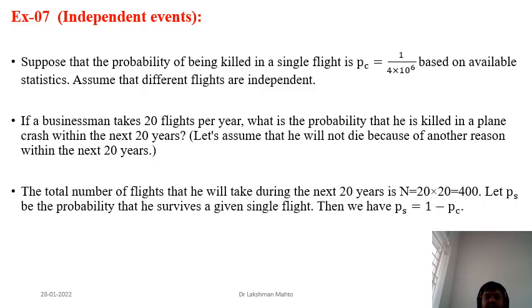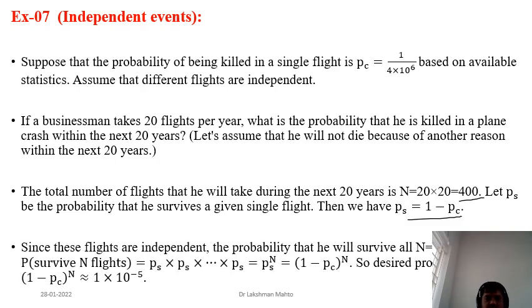The total number of flights that he will take during the next 20 years is how many? 20 times 20. That means 400 flights he will take in the next 20 years. Let us assume PS is the probability that he survives a given single flight. That's why PS would be 1 minus the probability of being killed, 1 minus PC.